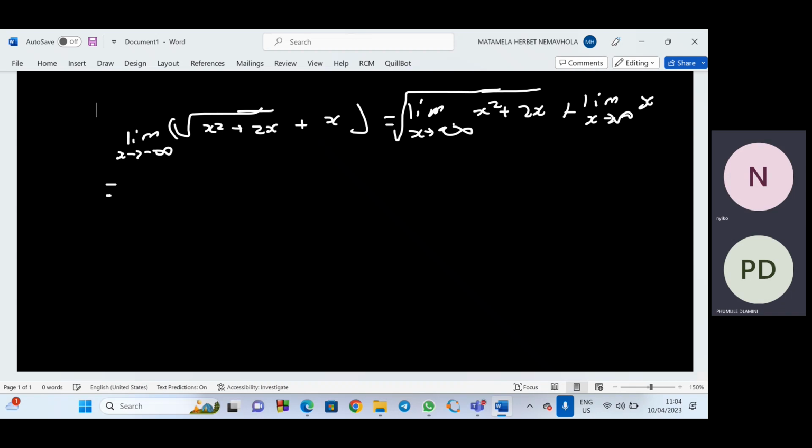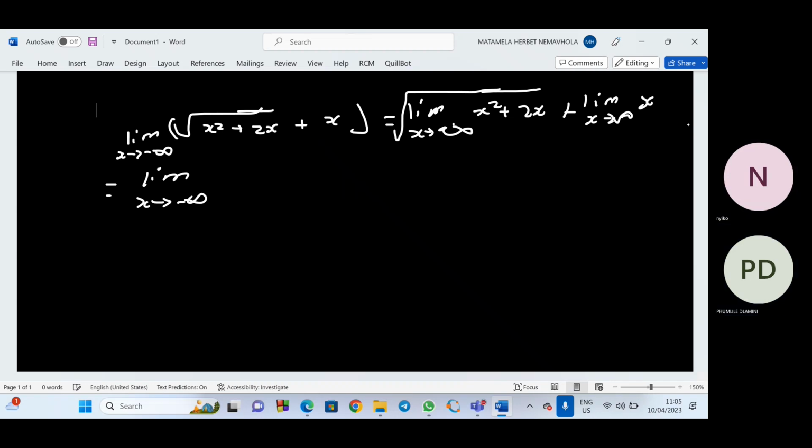Then this is going to be equals to limit when x approaches negative infinity. I'm just forgetting to write negative infinity there. Then we are going to divide by x squared inside the square root.